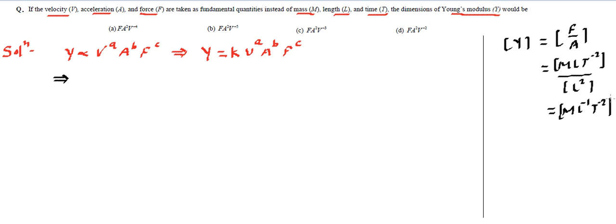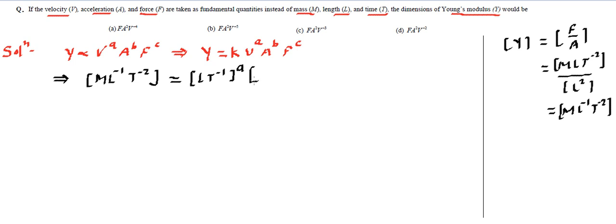Over time, once you have studied these formulas, you are not supposed to remember the dimensional formula. You just need to remember the formula, and you can quickly come to the dimensional formula. So let's come over here and write the dimensional formula of Young's modulus, which is M L raised to power minus 1 T raised to power minus 2, is equal to, again K is dimensionless, V is a velocity. We know velocity is length and time inverse, so power a.